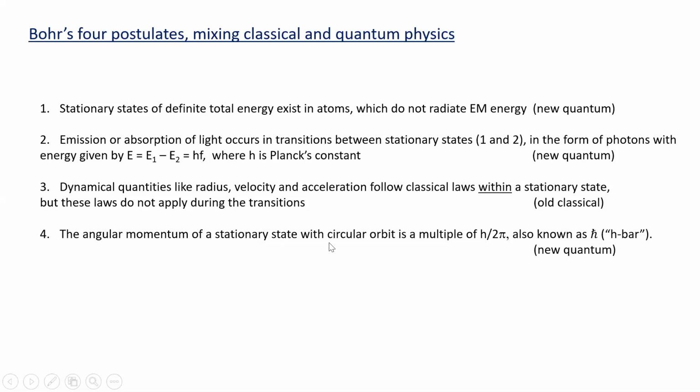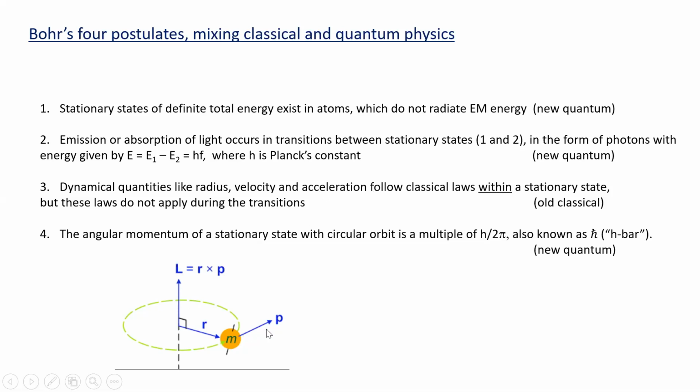So let's just remind ourselves about angular momentum. Here's an electron circling the nucleus, which would be right here. The angular momentum would be the radius vector cross product with the momentum. And so remember, the momentum is the mass, classically speaking, and he said that classical laws apply during these stationary states.